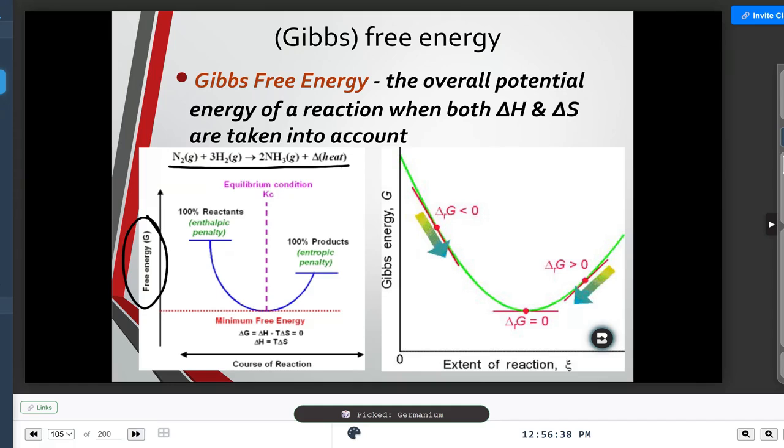And Gibbs free energy is about the potential energy, right? So this graph is showing us how the relationship of this equation works out over the course of a reaction. I am going to go from a higher potential energy state to a lower potential energy state. But the graph, you'll notice, kind of has two directions. Over here we have an arrow going down on either side.